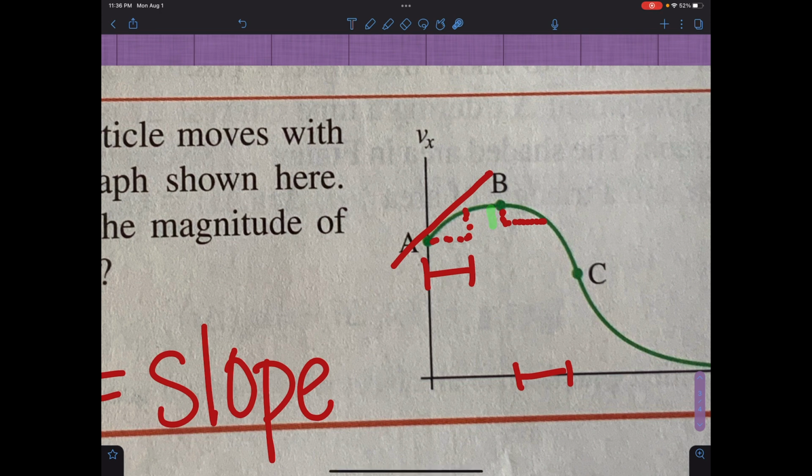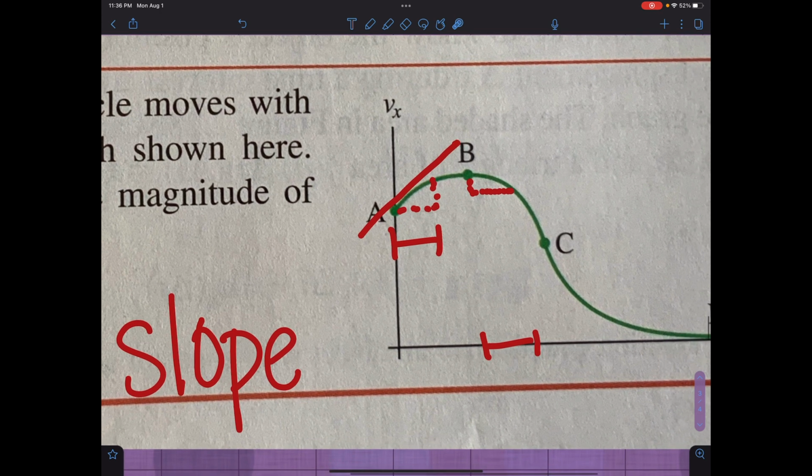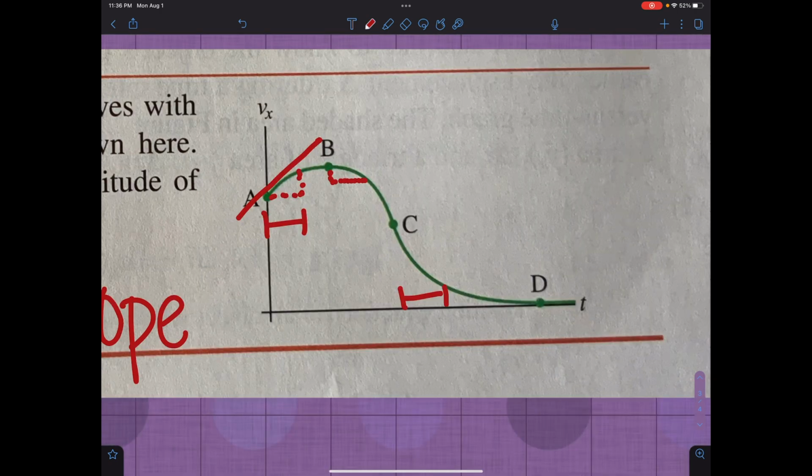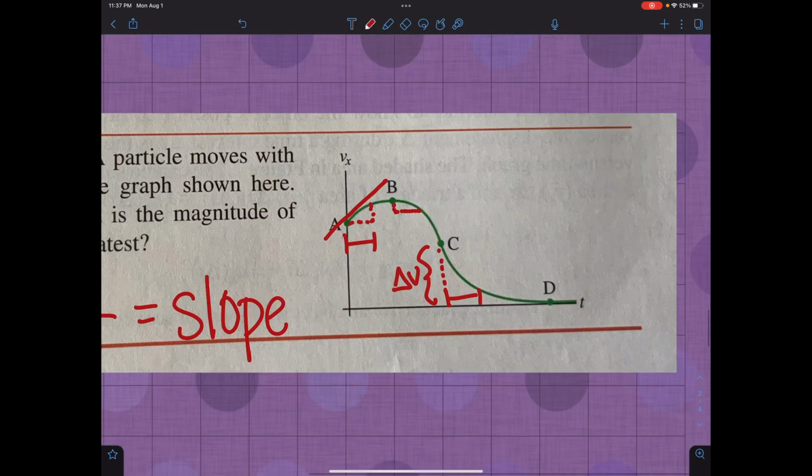Y compared to the x, not very much there. This one, C, if I took this same unit of time and put it here, look at my change in y. That's huge. So that means the slope is super steep. Of course, at D, that change in y, or the change in velocity, is not very much.